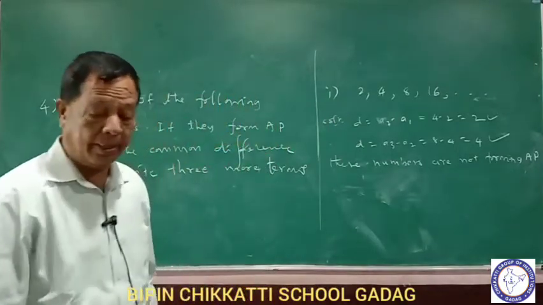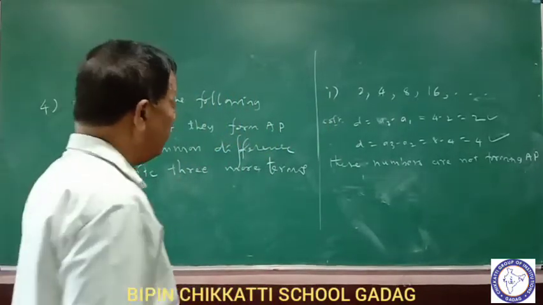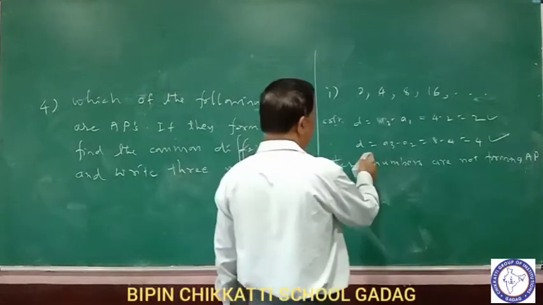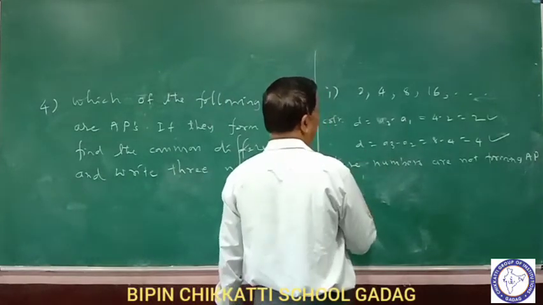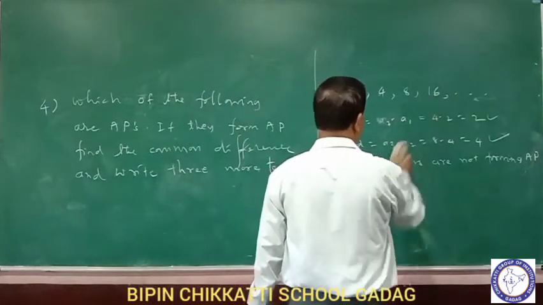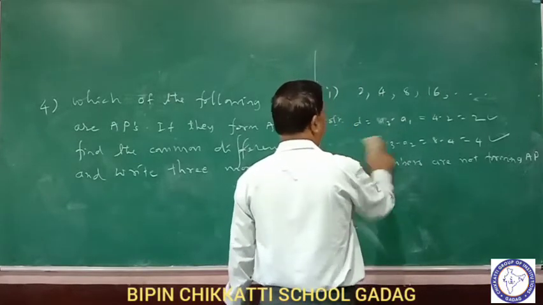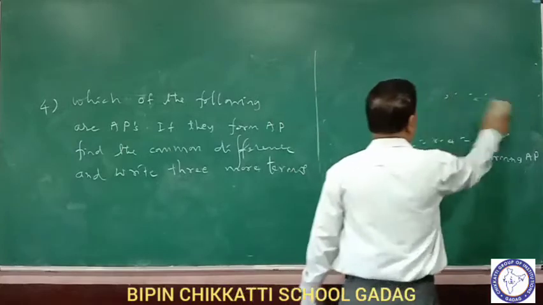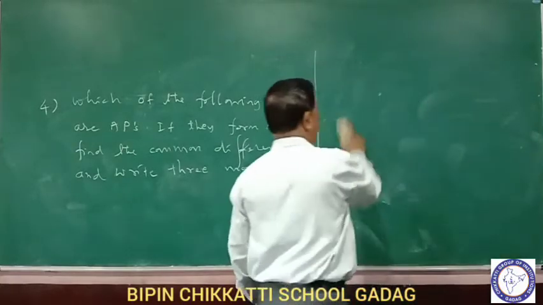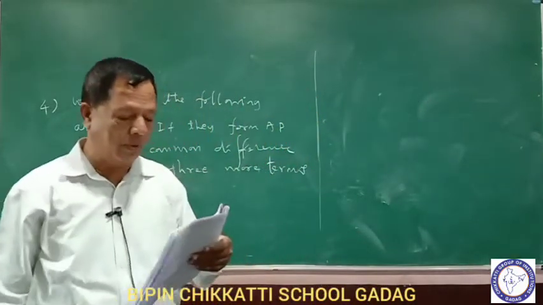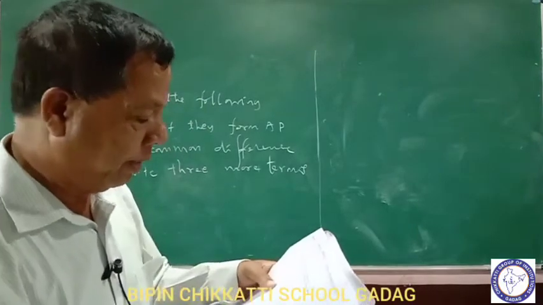Make it clear that if the common difference is the same, then only you have to go for finding the 3 numbers, taking the next consecutive numbers. So these numbers are not forming an AP. So this is the problem with the first one. Like that you have to see all other problems, possible or not.